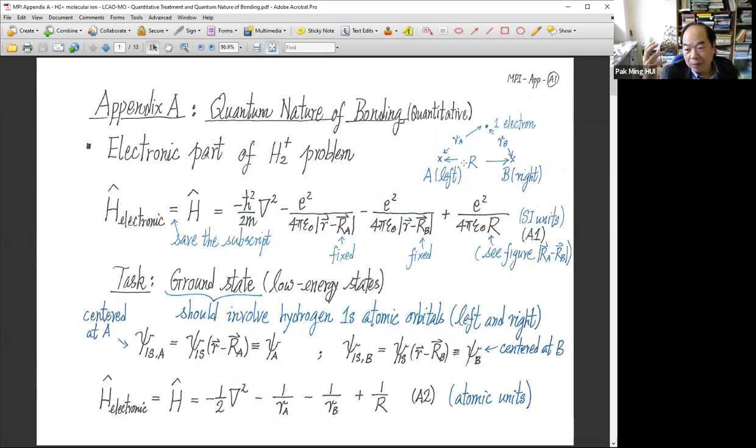Some of you, from secondary school or lower form chemistry courses, often have this classical physics idea saying the electrons stay in the middle and, using the Coulomb attraction of the left nucleus and the right nucleus, it gains some energy by having 2 centers attracting it, and all those stories, right?